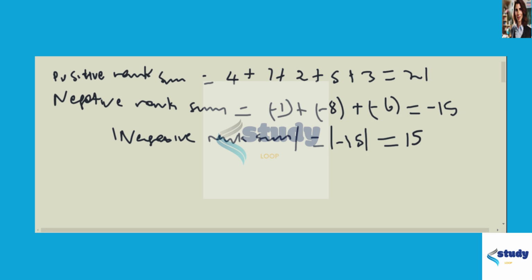Since the modulus of the negative rank sum is the lowest, we have the test value. So our test value is equal to 15.